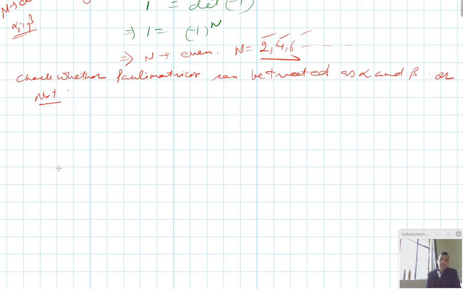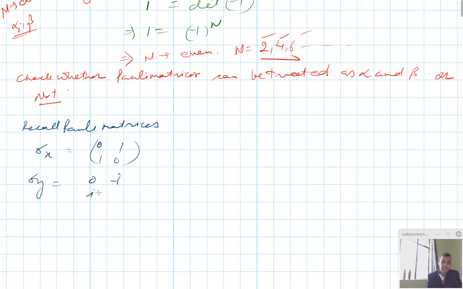So let us recall the Pauli matrices. Sigma x is equal to 0, 1, 1, 0, and sigma y is equal to 0, minus i, i, 0, and sigma z is equal to 1, 0, 0, minus 1, right? So these are the Pauli matrices.